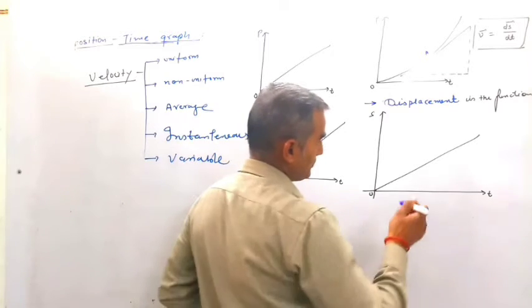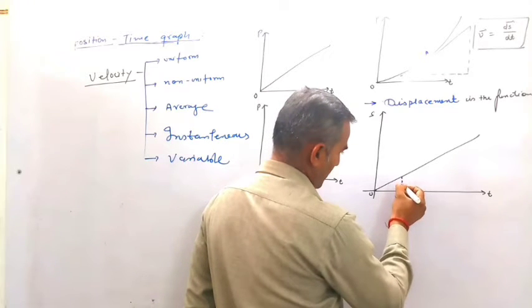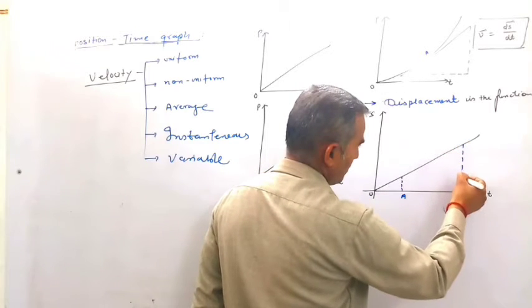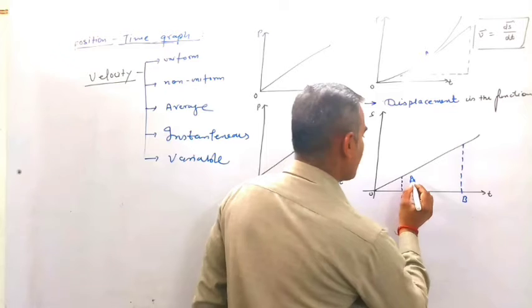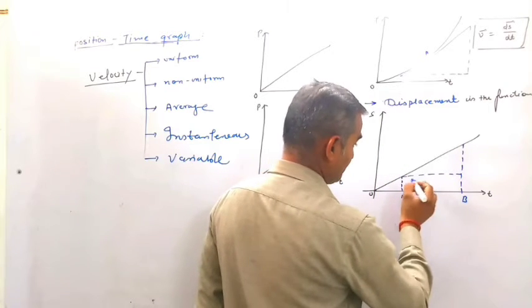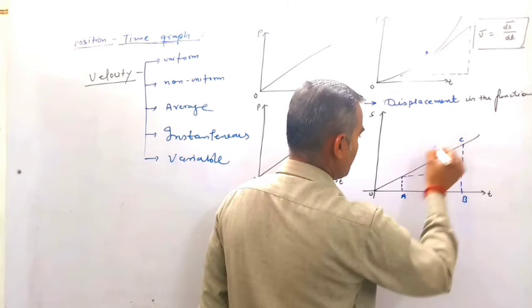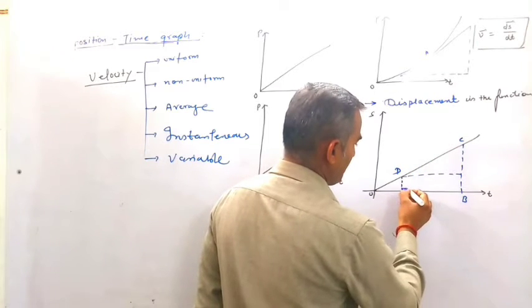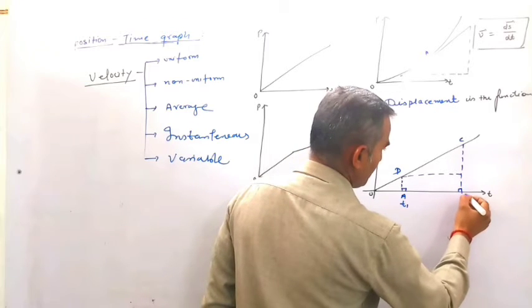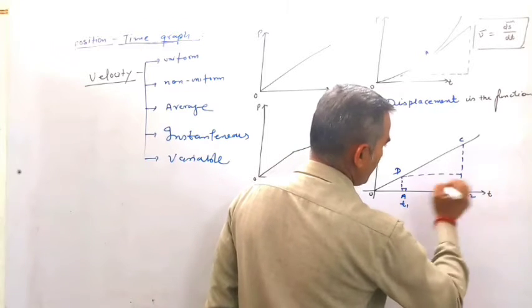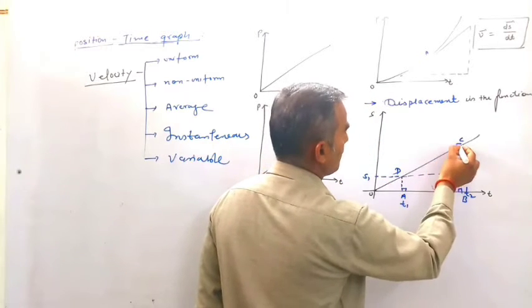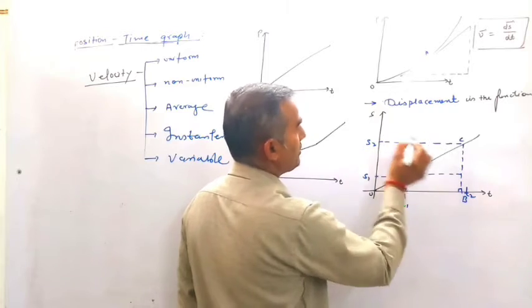Now drop a perpendicular A, and another perpendicular B, to make this line. Now C and D: at point A it is T1, at point B it is T2, and at these points S1 and S2.